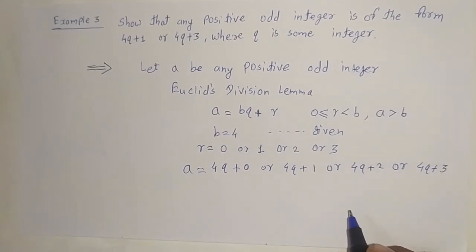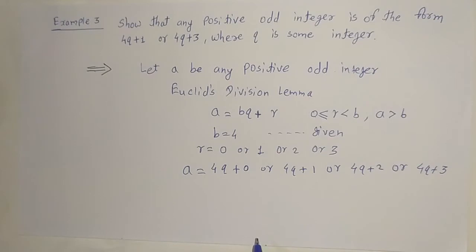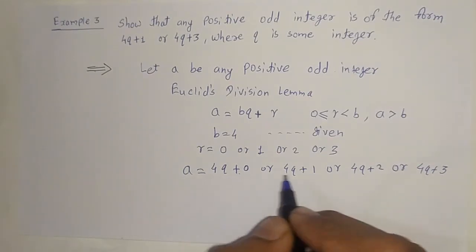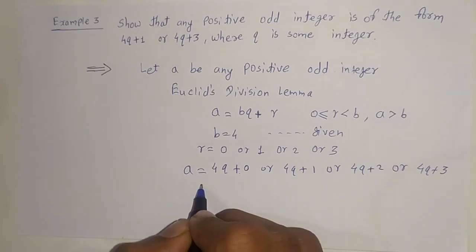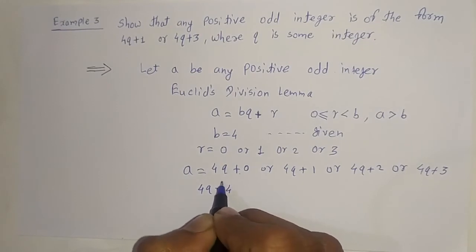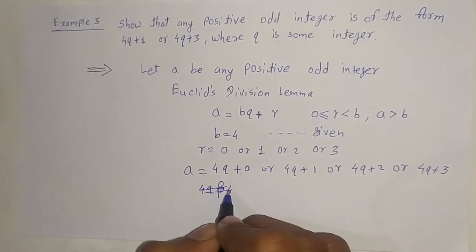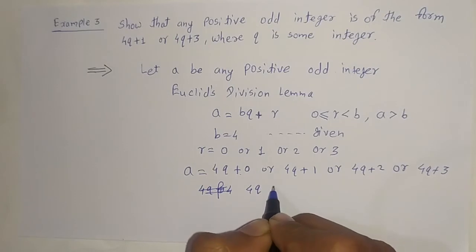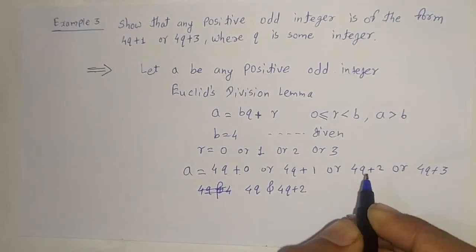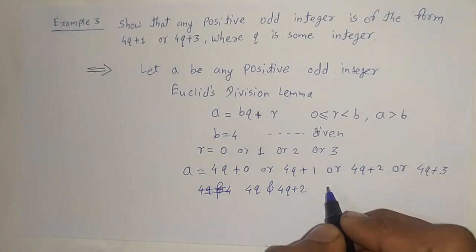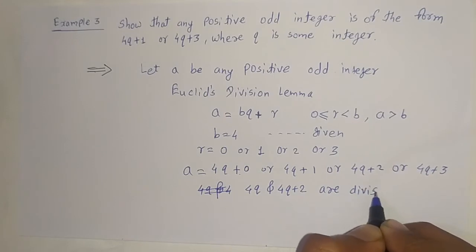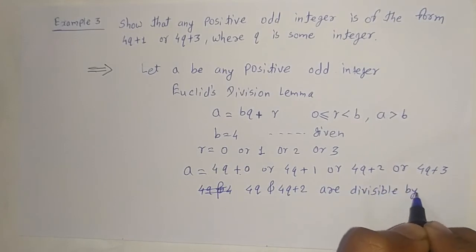So 4q and 4q plus 2, these are the two numbers. Let's write here, 4q and 4q plus 2 are divisible by 2.